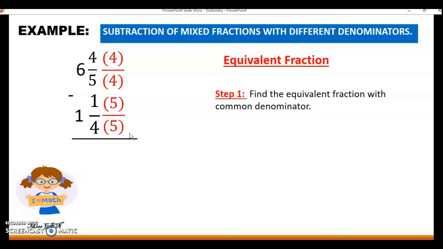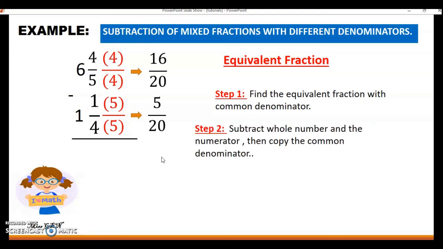Then, let's rewrite our new fractions. So, 4 times 4 is 16 and 5 times 4 is 20. For our second fraction, 1 times 5 is 5 and 4 times 5 is 20. Now, we have our common denominator.